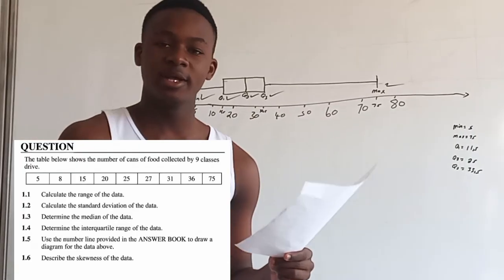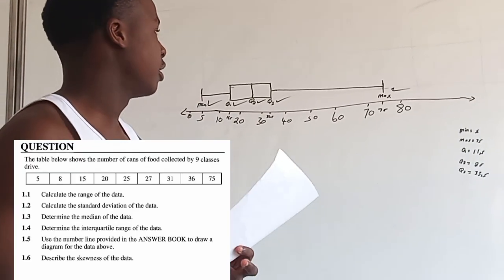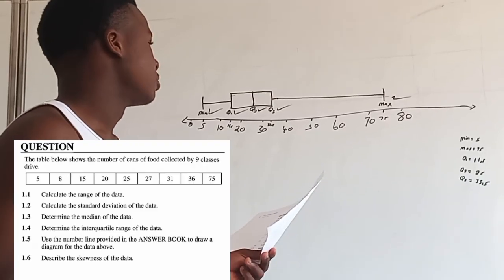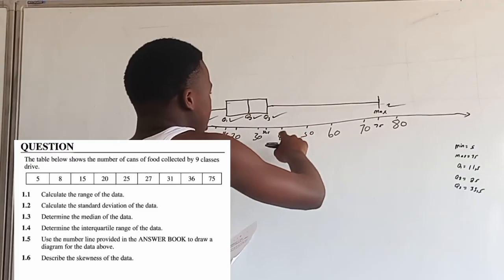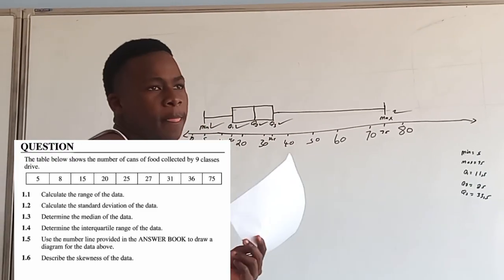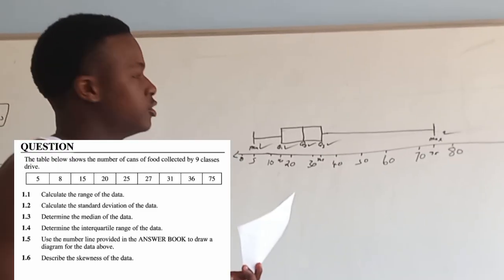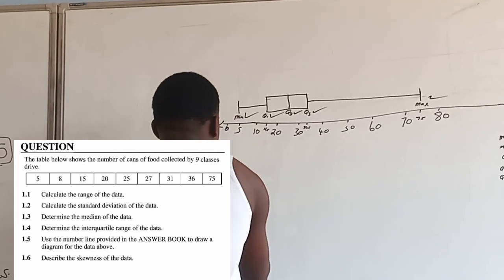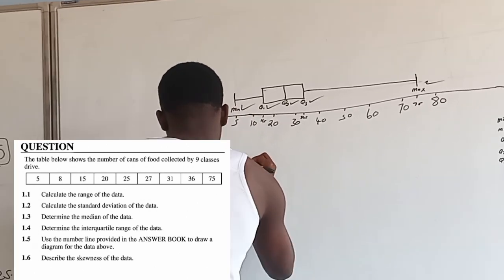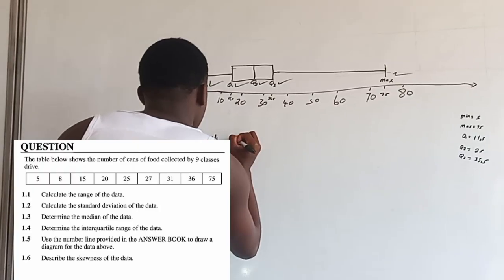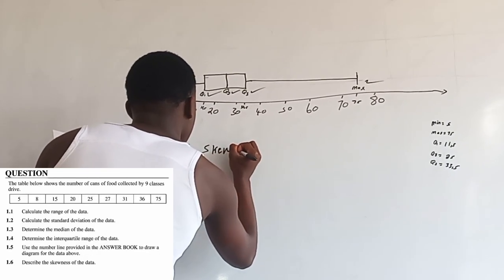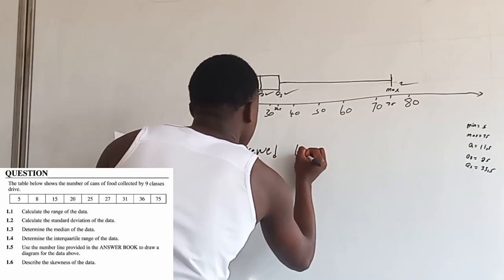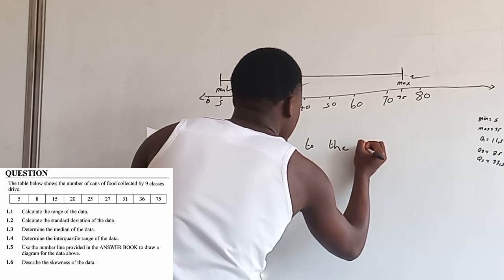And then number 1.6, we say describe the skewness of the data. So guys, the skewness means which one is the longest side here. You will say it's skewed to the right.